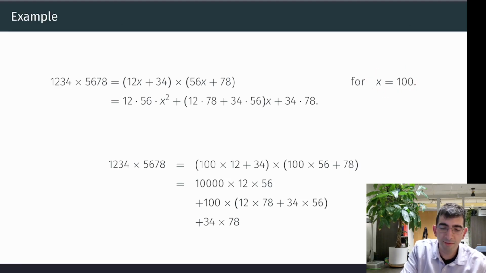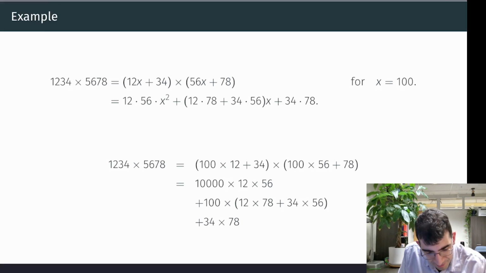Same thing for 5678. 5678 is the equivalent of 56 times 100 plus 78, right? So far so good. We didn't really do anything different.